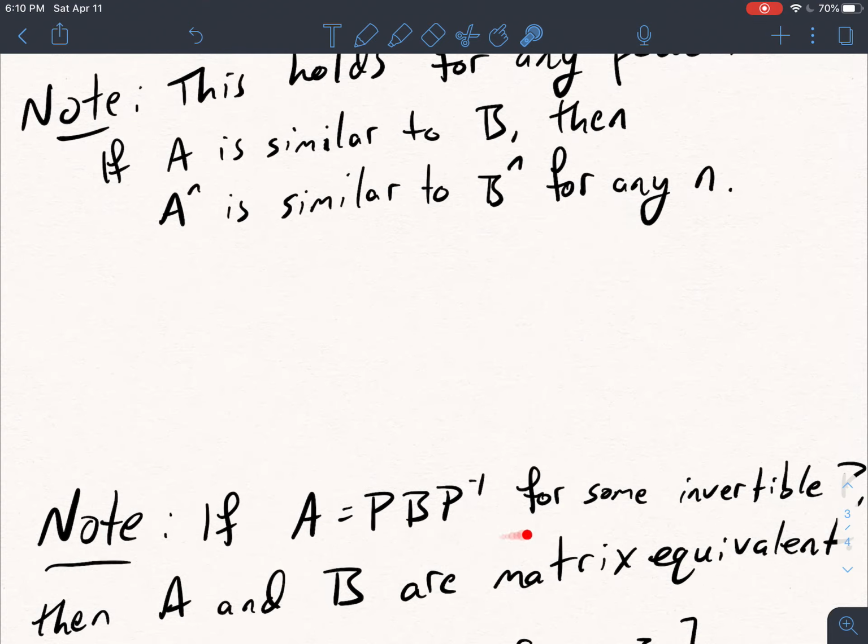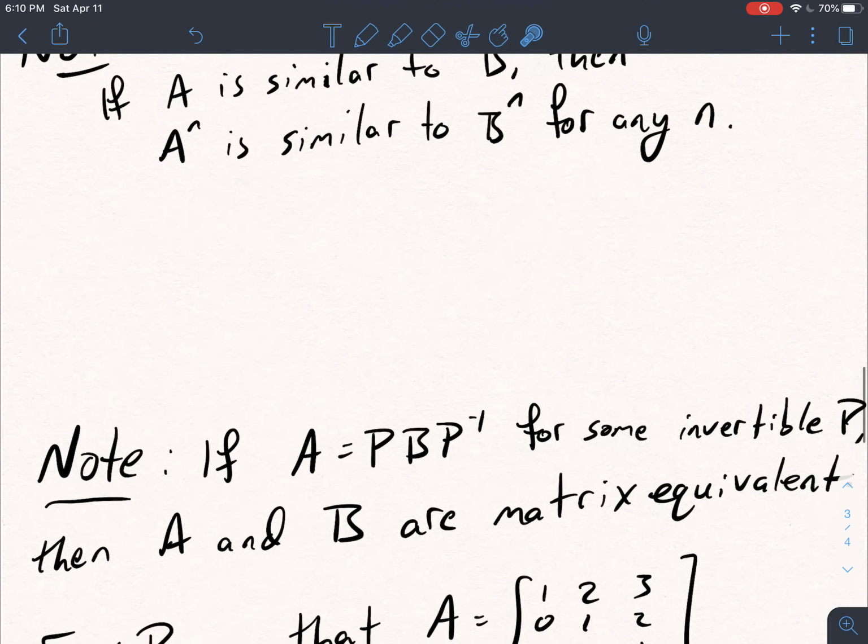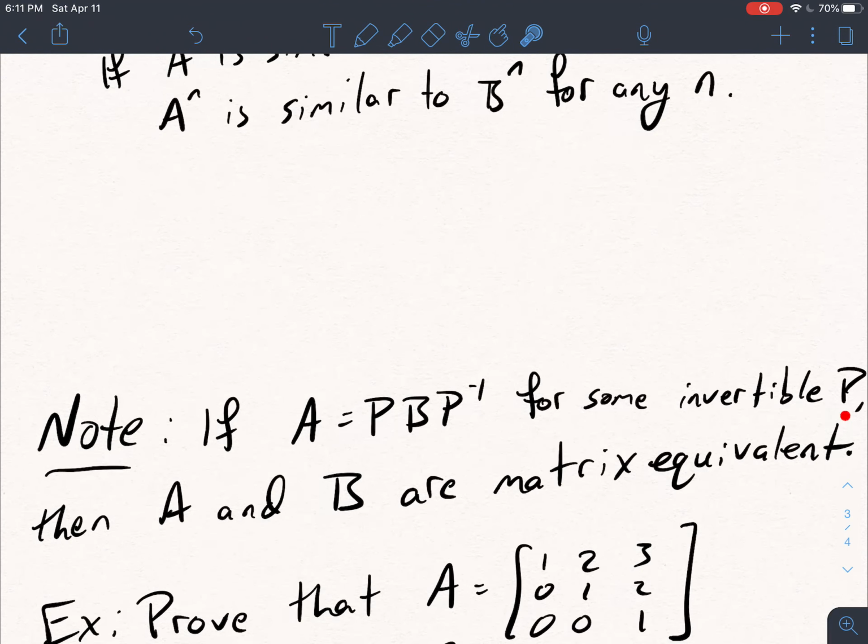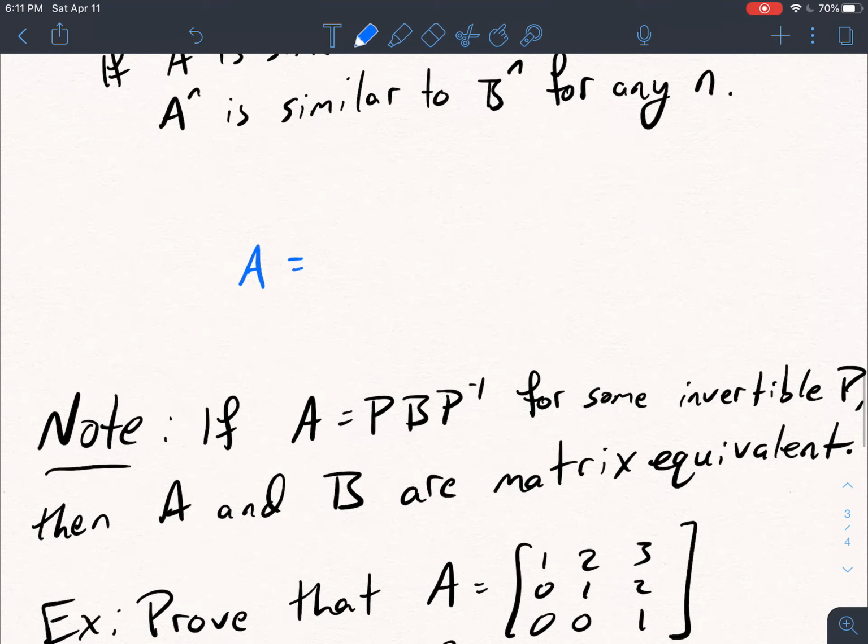Here's an observation. Let me not scroll too far down. So if A is equal to P B P inverse for some invertible P, then A and B are matrix equivalent.